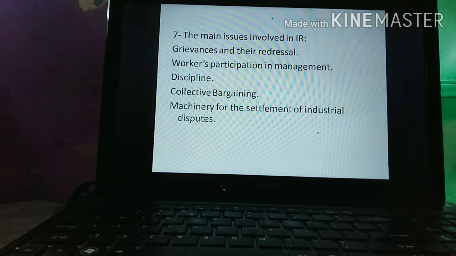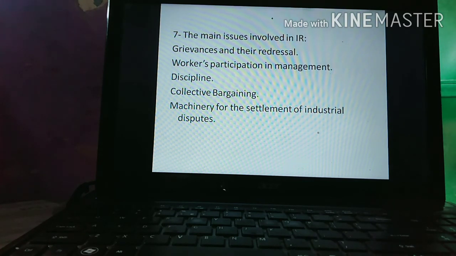If there are problems or issues regarding an increment in salary or organizing training and development programs for the employees, then the representatives, that is the trade union representing the employees and the representative of the employer, sit together and solve the problem, and arrive at a conclusion about what action should be taken so that the dispute can be resolved.